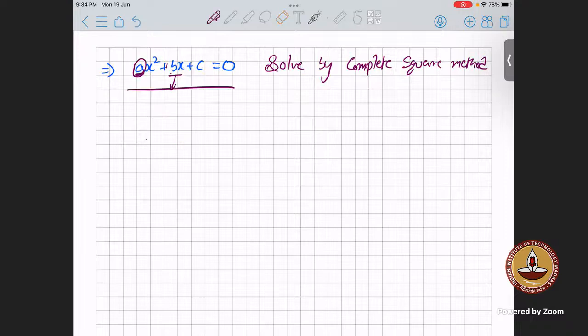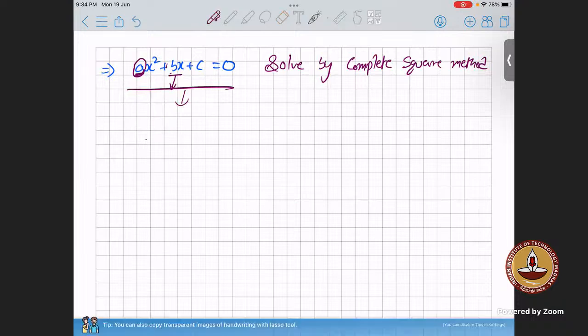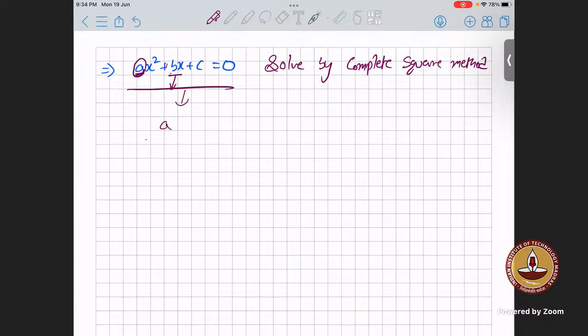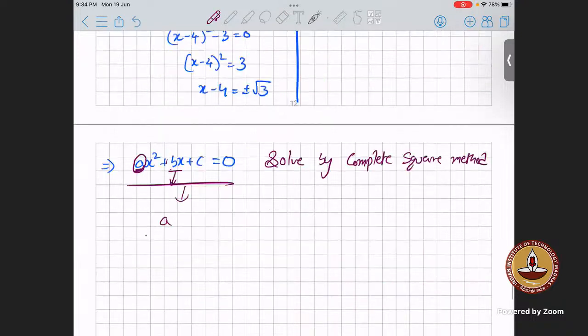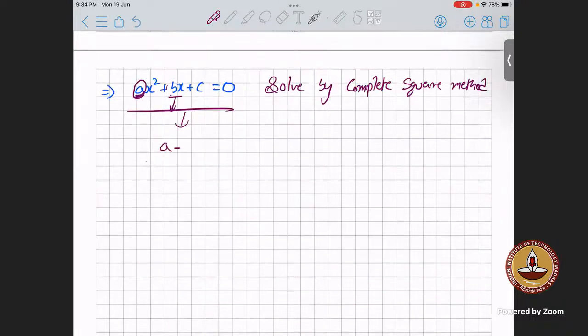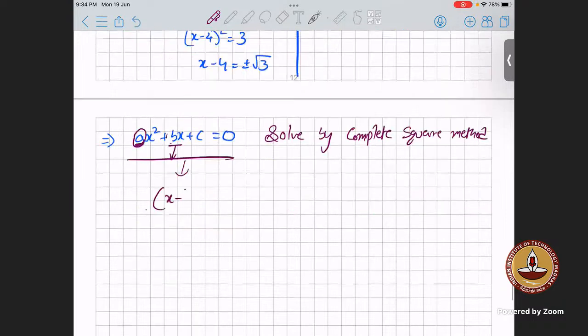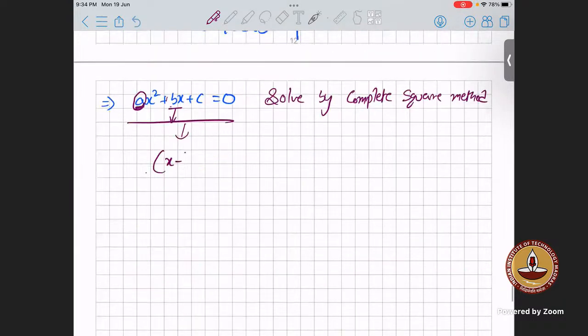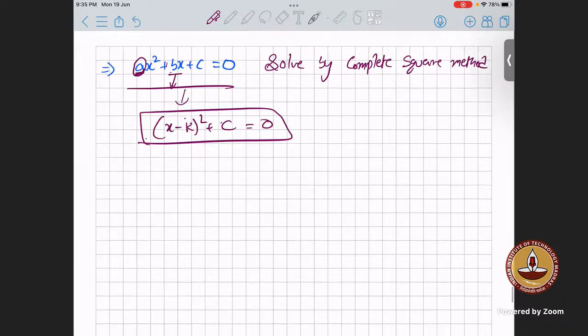To convert this into some form like a minus b whole square, like x minus k whole square plus some constant equal to 0. Agree? You have to make it like this.